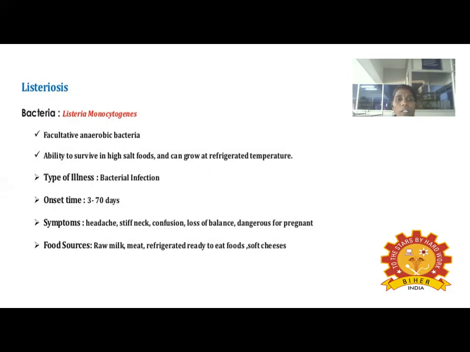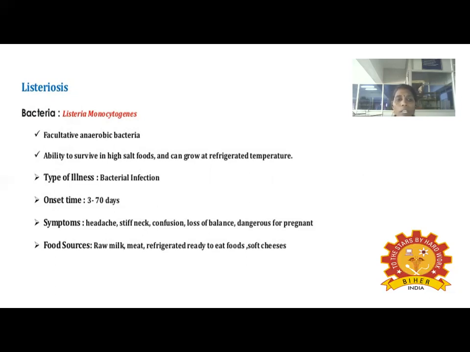This bacteria can survive in high salt food, and it can grow at a refrigerated temperature. The symptoms are headache, stiff neck, confusion, loss of balance, and dangerous for pregnant women.